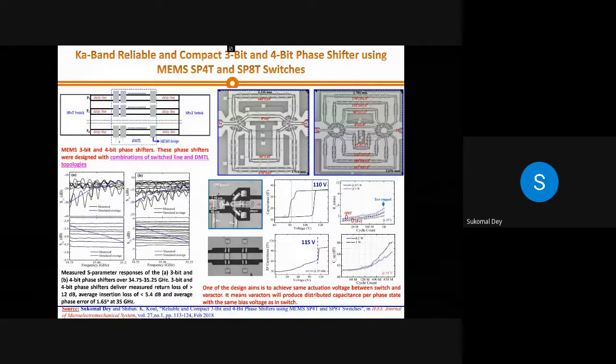So by doing these operations, your challenge is to design the switch and varactor in such a way that they have a very close actuation voltage. So it needs some kind of design. To get the design accuracy, you have to do rigorous simulations by which you can get this data, and these 2 switches almost operate on the same voltage.